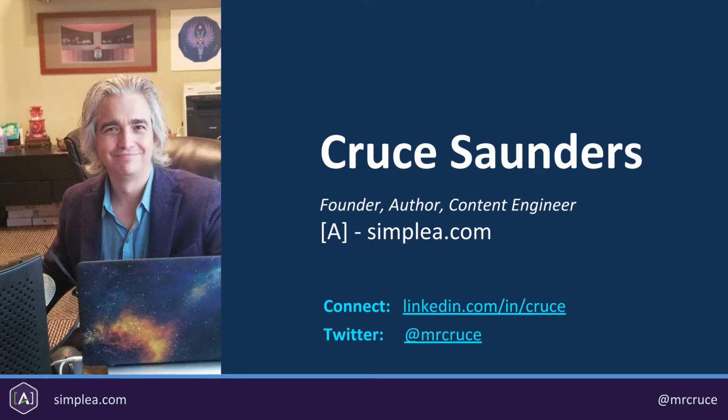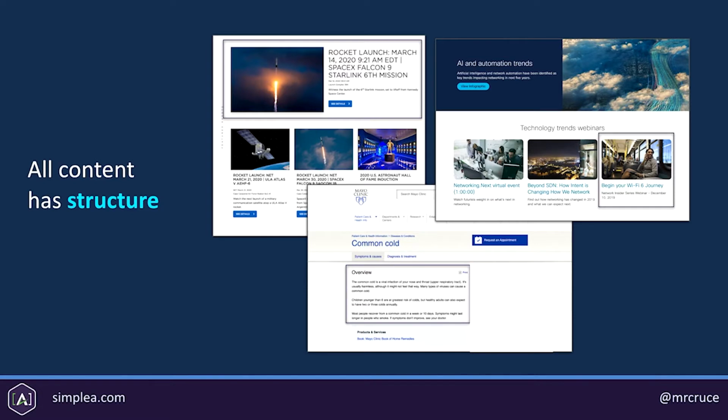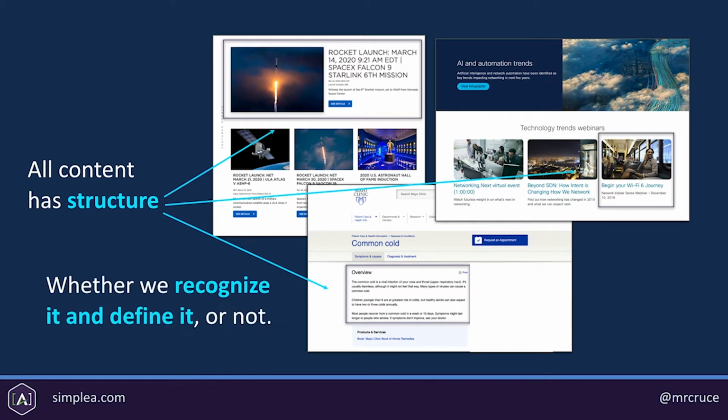So all content has structure. That structure is evident whether we see it or not. That structure takes place on our renderings within public websites, web applications, single page applications nowadays, mobile apps, and many other forms.